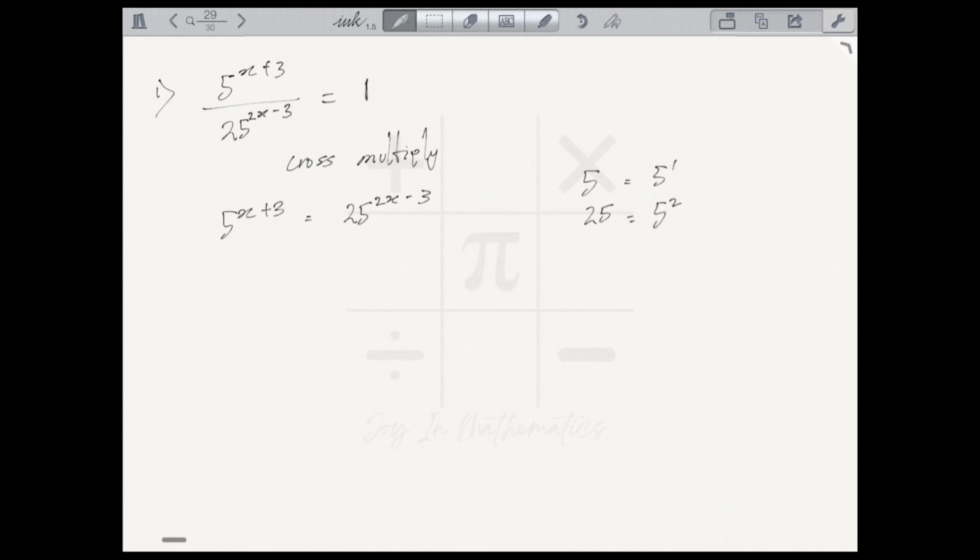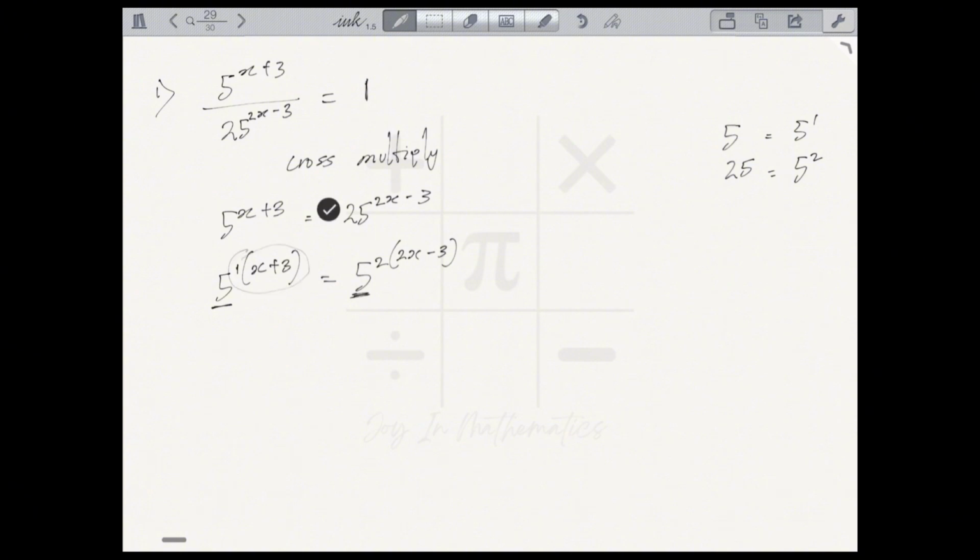So we can change it, and then we'll have 5 raised to the power 1 into x plus 3, and 25, which is 5 raised to the power 2, into 2x minus 3. Now we can see that they are of the same base. We have 5 as base, therefore we will equate their indices together.